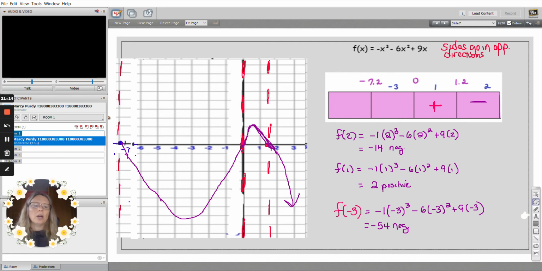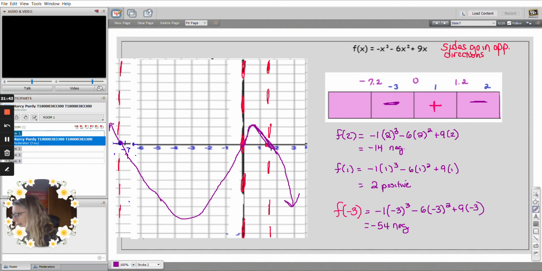So knowing what we talked about with degree, the sides go in opposite directions, right? Because it's an odd degree. So since this side of the graph is pointing down, we know this side is going to be pointing up. So you don't have to plug in another number after -7.2 to figure out what's happening on that side, because they have to go in opposite directions since the degree is odd.